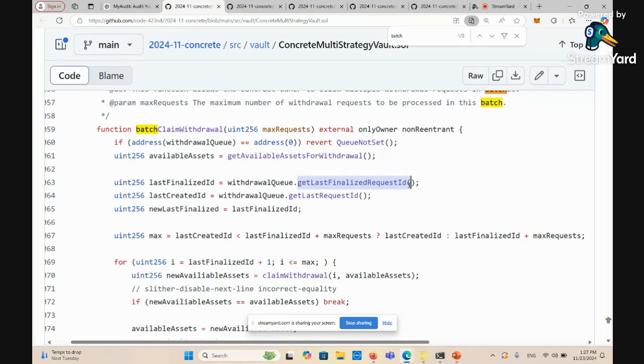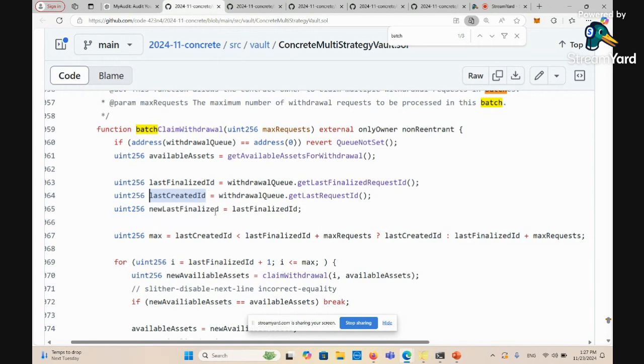There are two tails. One is the finalized one, meaning they already claimed money, and the other is where they already made the request. So this is the first tail, and this is the second tail. This first tail tells us the last finalized ID, the last request that's claimed. This one probably is not claimed yet, or could it be claimed?